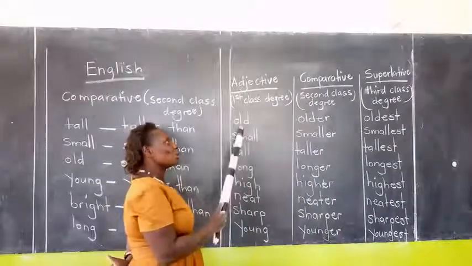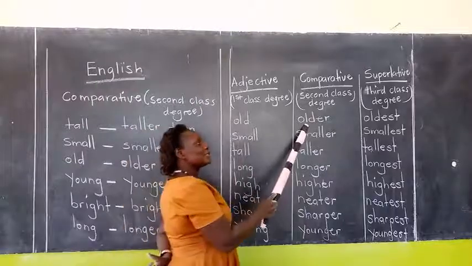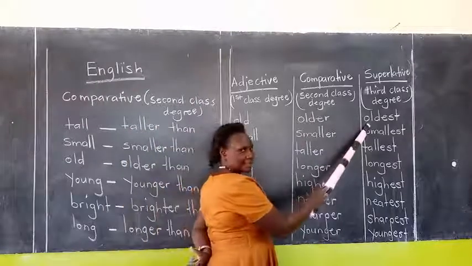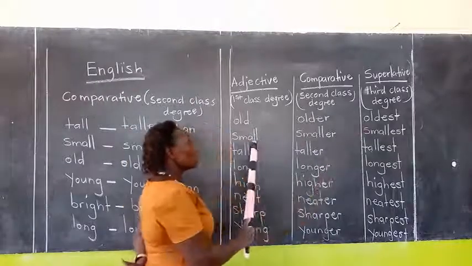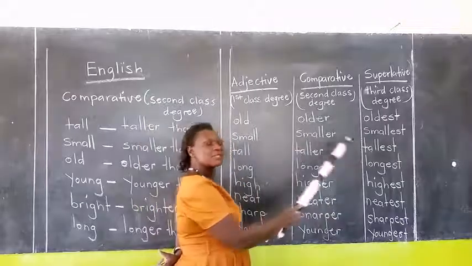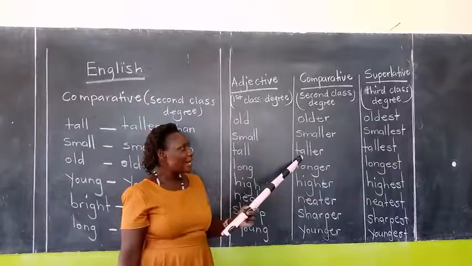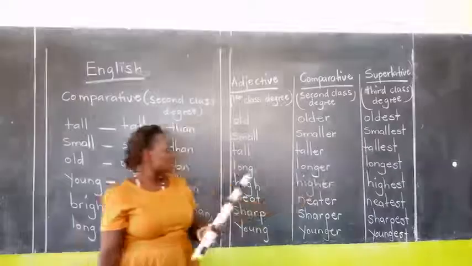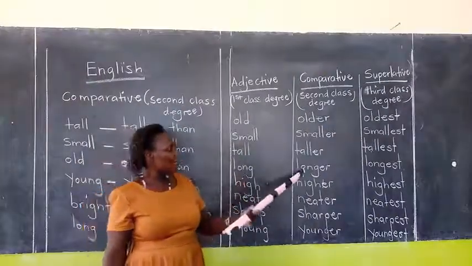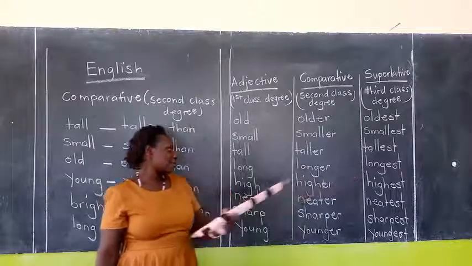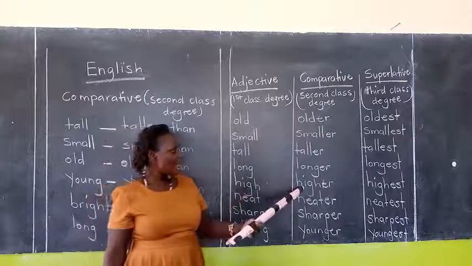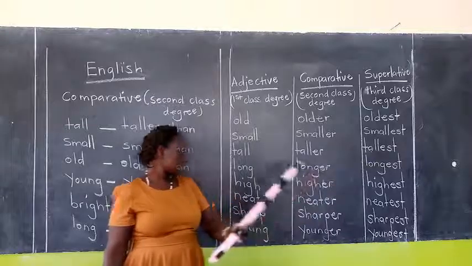We have old, older, oldest. Small, smaller, smallest. Tall, taller, tallest. Long, longer, longest. High, higher, highest.